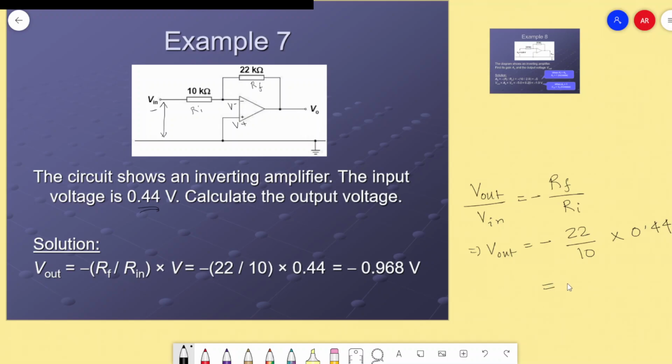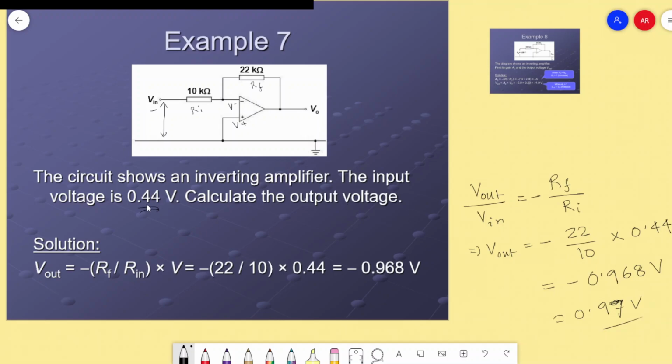So how much am I going to get? 0.968 volt, or you can say 0.97. So this is the output voltage.